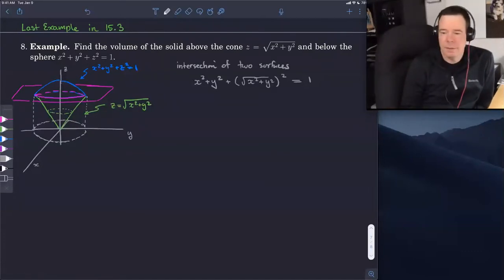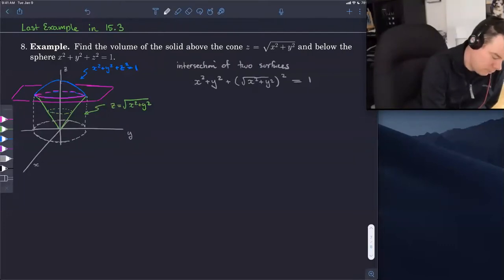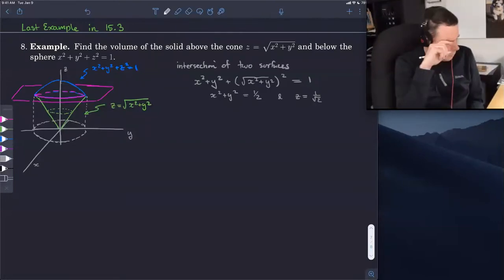So if x, y, and z must live on both of these surfaces, then it's got to satisfy this equation. And so that means that x squared plus y squared has to be a half. And we also then get that z has got to be 1 over root 2.